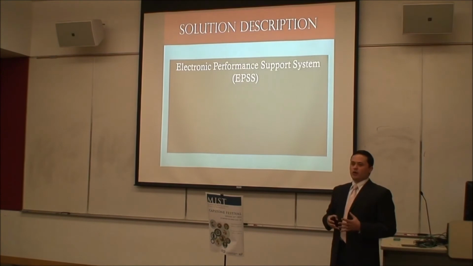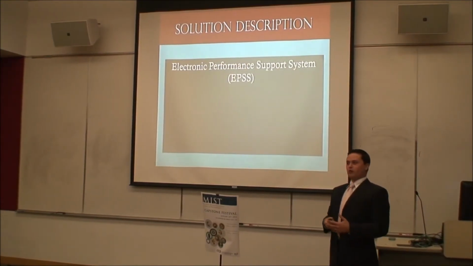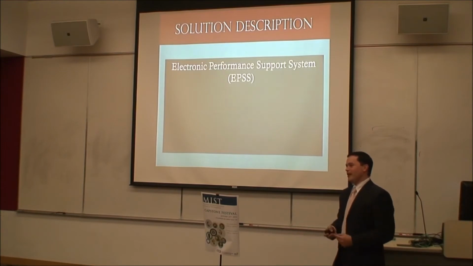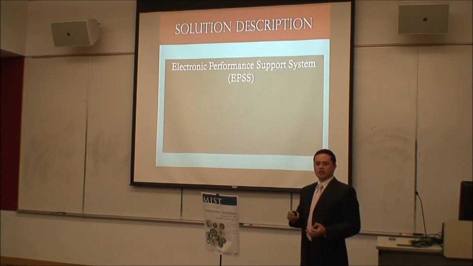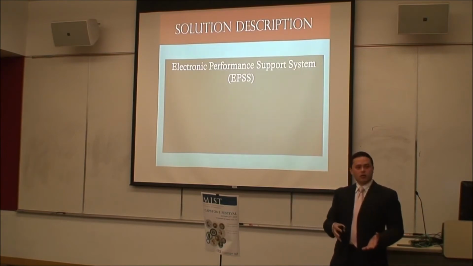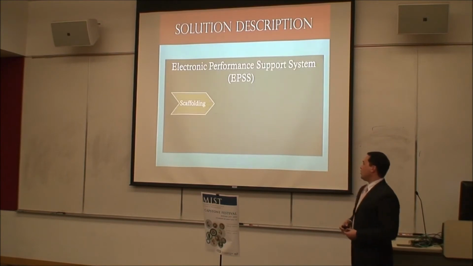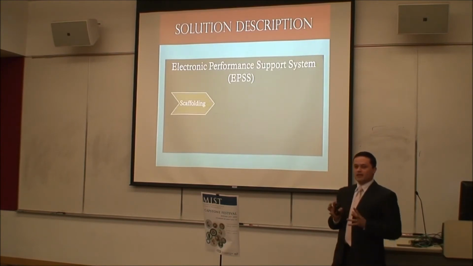So what I went for is an electronic performance support system. And for those of you in my cohort, it's been a year since you've heard of that, I'll just give you a reminder. This is a digital aid used in the workplace to support or scaffold a work process. So scaffolding is really what makes something an EPSS.